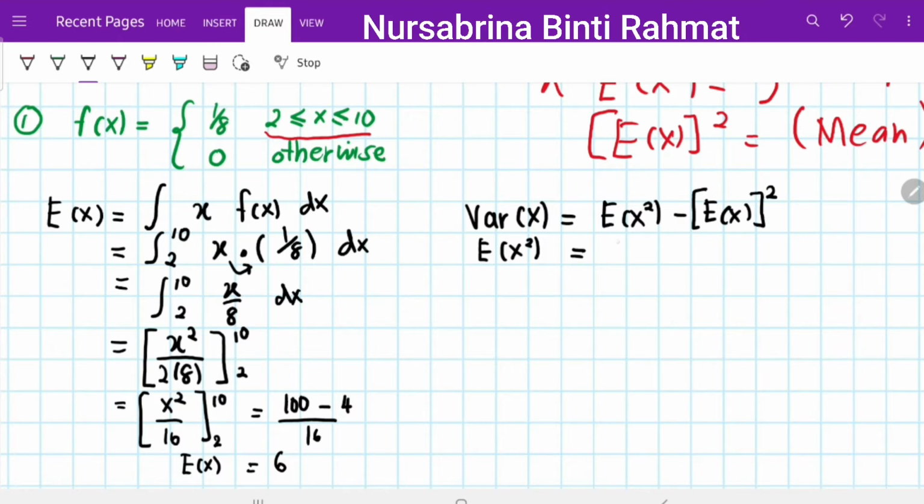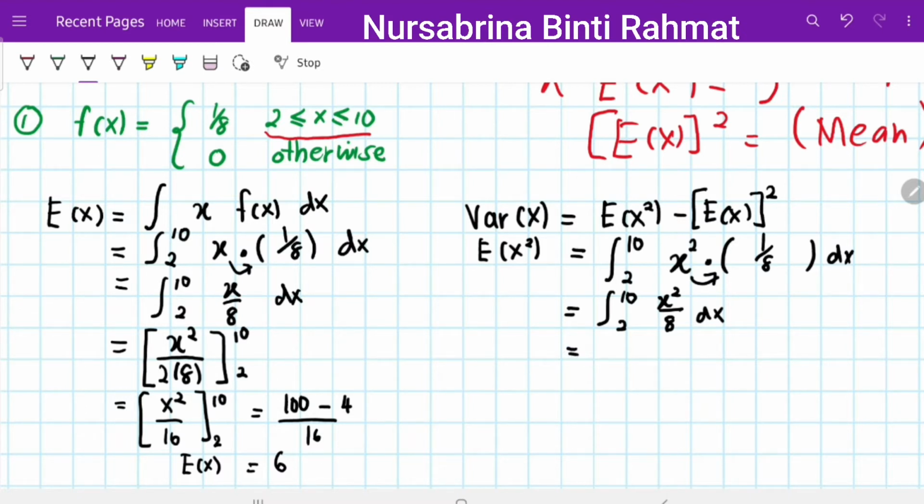We integrate over the class interval limits from 2 to 10, x squared multiplied with the function that we have in the question, here it is 1 over 8 dx. As usual, I prefer to expand first this x squared with the function in the bracket, so it will be easier for me to do the integration. So it becomes x squared over 8 dx.